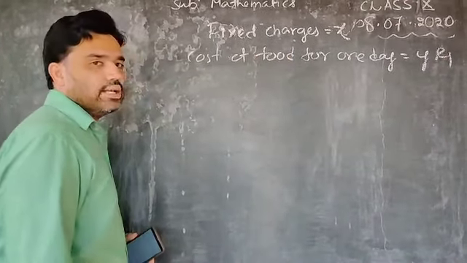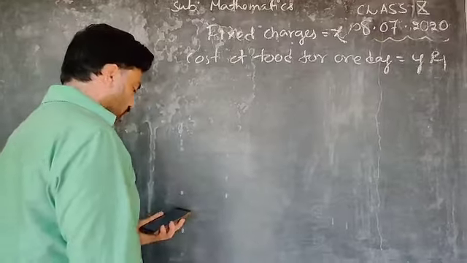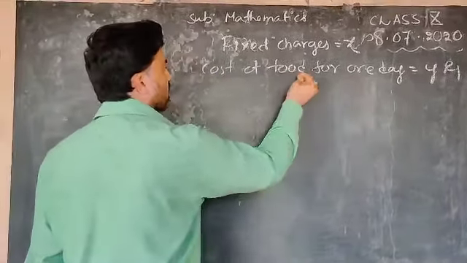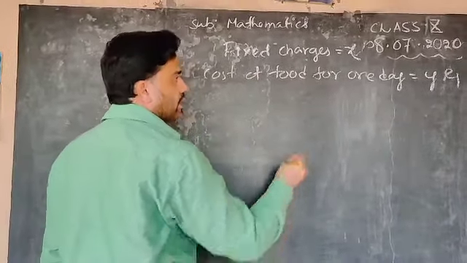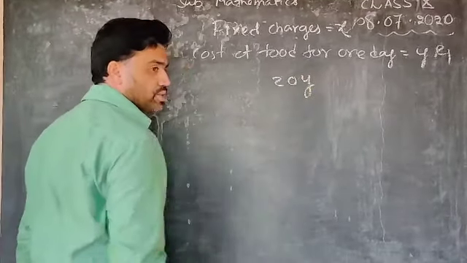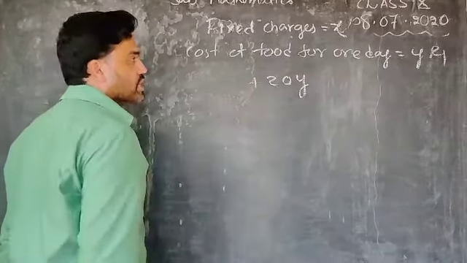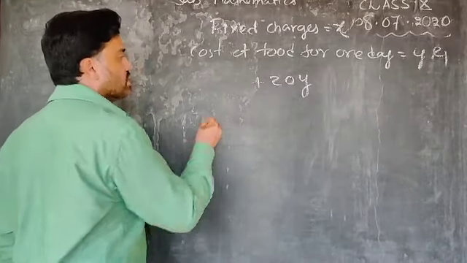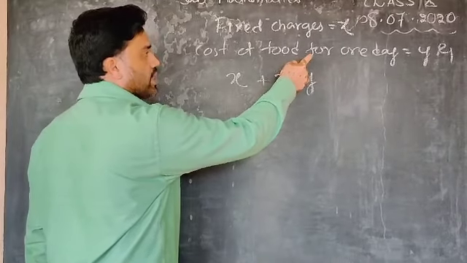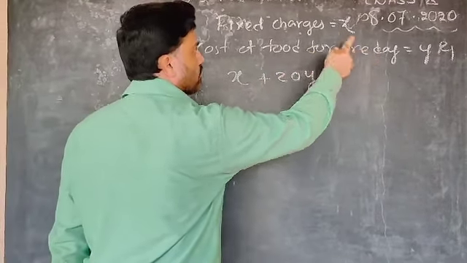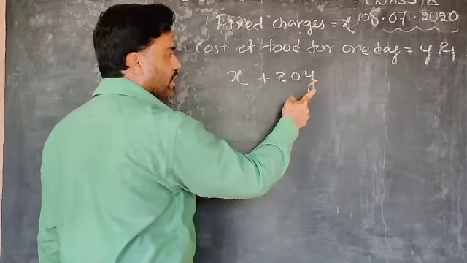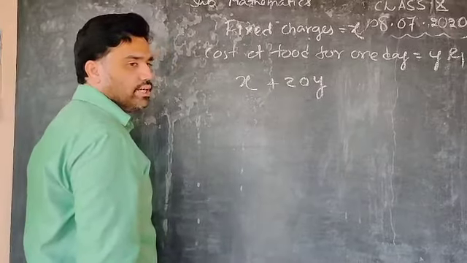So student A takes food for how many days? 20 days. The cost of food for one day is y rupees, so for 20 days it means 20 into y, 20y rupees.